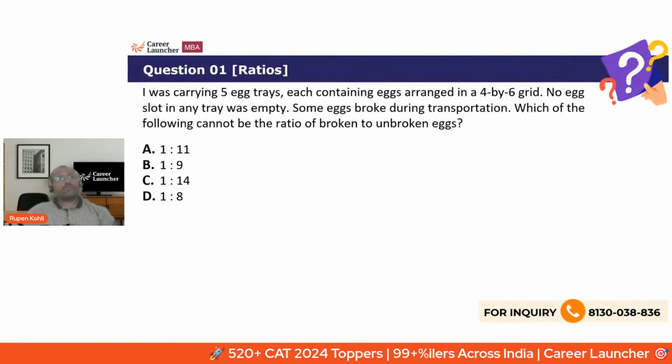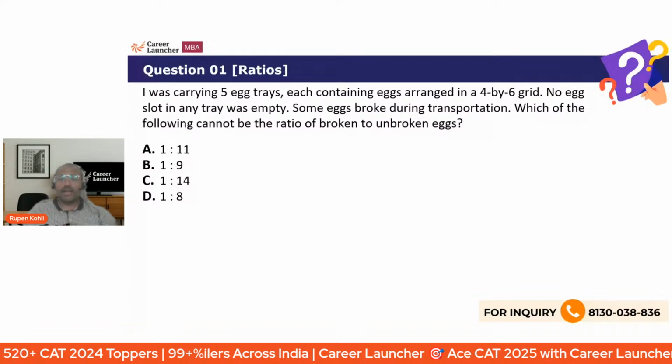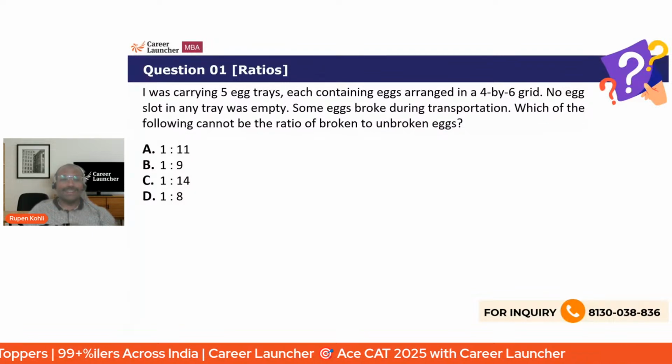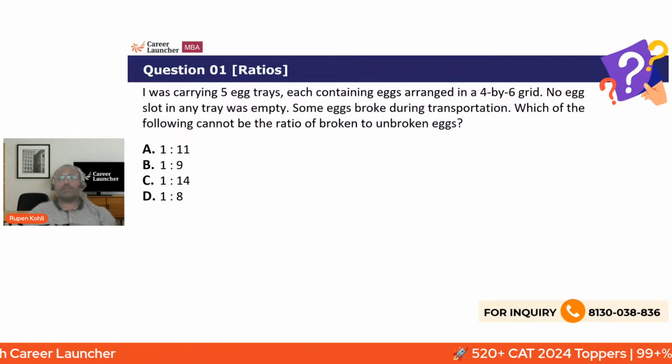All right. So the first question is something that we can call an icebreaker, I would say, or an egg breaker. Icebreaker in the sense that I think all of us can try this one. It's a very basic logical problem.